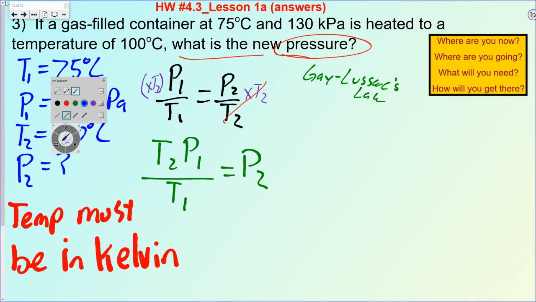This is also a really easy step to take. To convert from Celsius to Kelvin, all you've got to do is add 273 to your Celsius temperature.